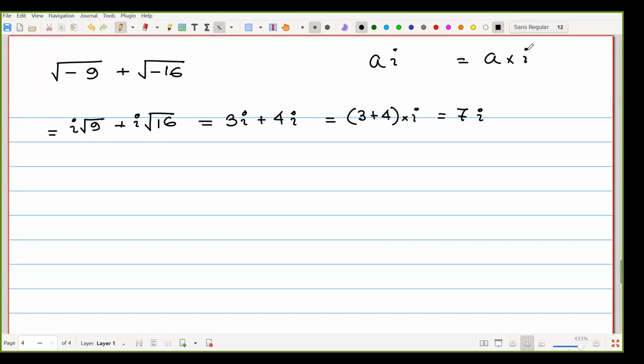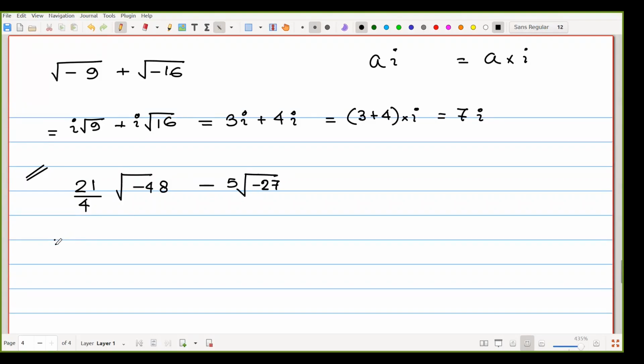Okay. Next one, suppose another problem: 21 divided by 4 square root of minus 48 minus 5 square root of minus 27.